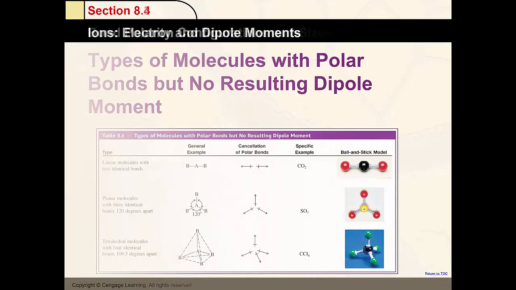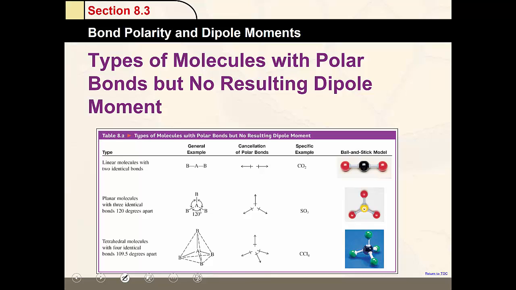So this is all based on symmetry. If we have a linear molecule with two identical bonds like CO2, those will cancel. Same thing with CH4 or any four identical bonds like CCl4. And we'll go over why this structure is the way it is. It's called a tetrahedral structure since those four exterior atoms form the corners of a tetrahedron.